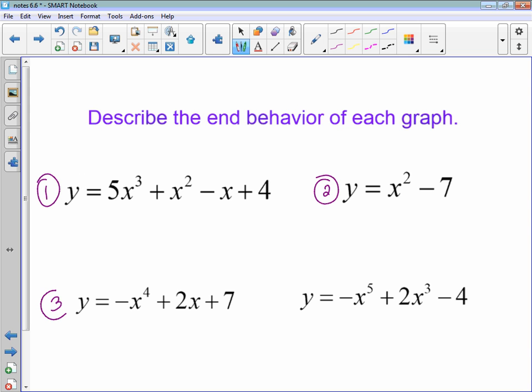All right, guys. You can just do this on your whiteboard for me. You need to just be telling me, as x approaches infinity, y approaches what? As x approaches negative infinity, y approaches what?